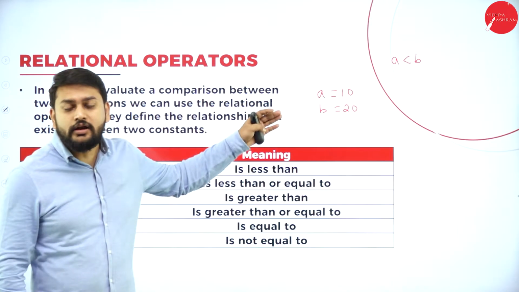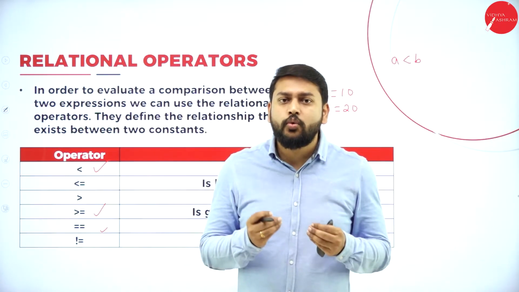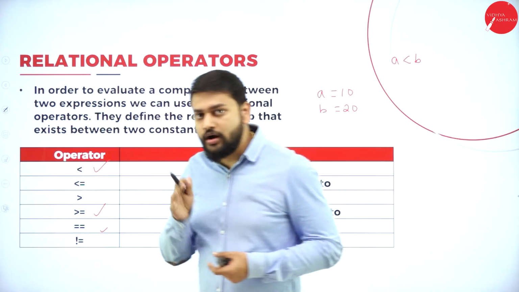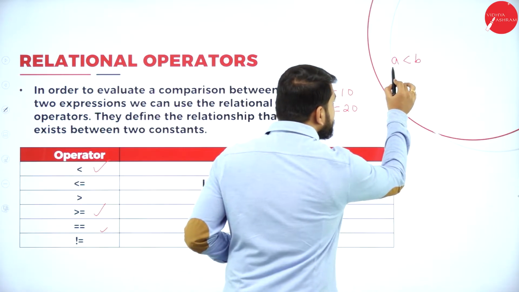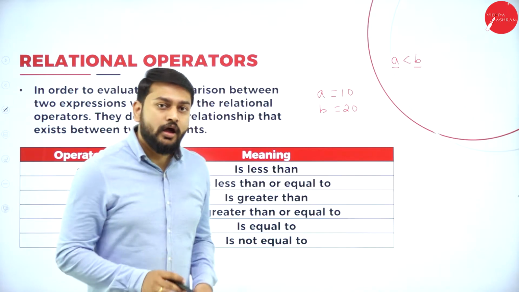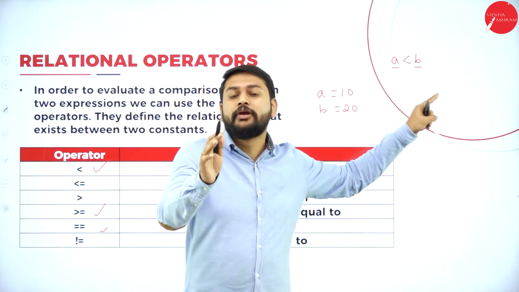Now I need to check whether A is less than B or not. I'm comparing this A with B. If I want to compare, what type of operator do I want? I want the relational operator.